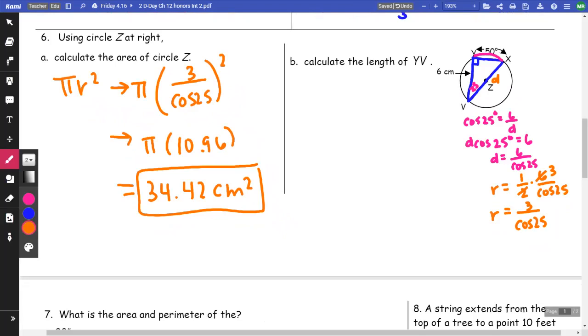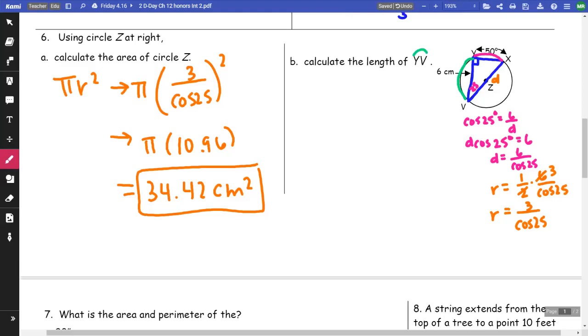And then we want to calculate the length of YV. So if I'm looking at the length of YV, I am looking at this, and that's an arc length. Okay. And so I want the arc length.